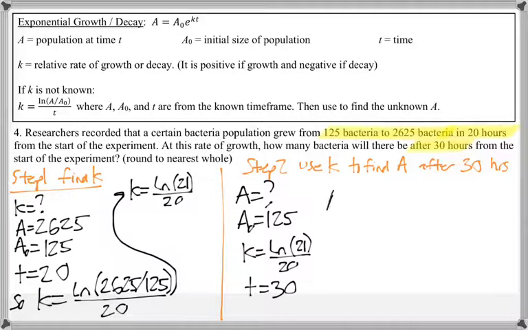So my formula is 125 times E, and we have a big exponent. It's ln of 21 over 20 times 30, and that's all in the exponent. So I need to type this out.